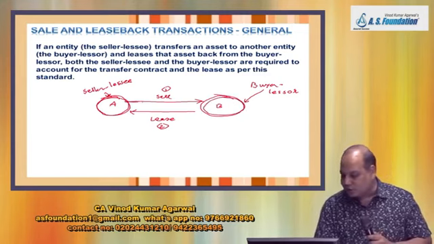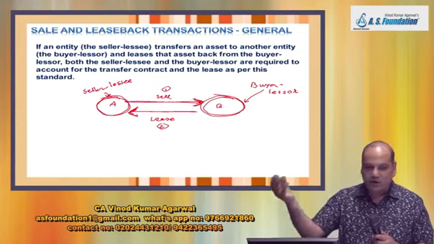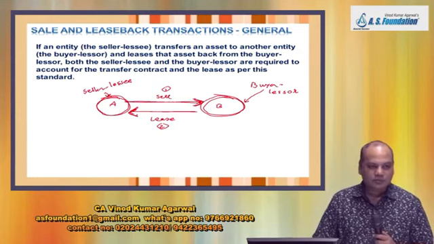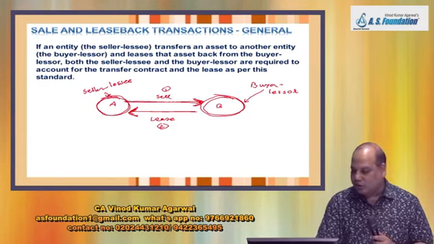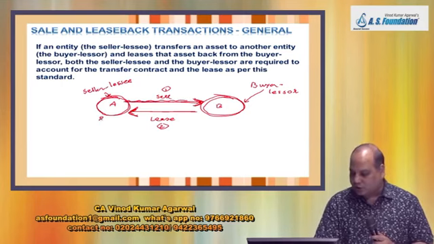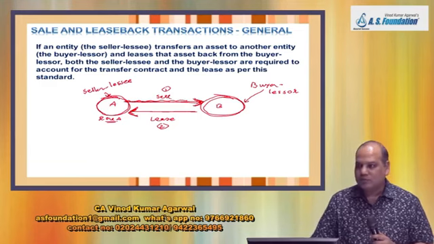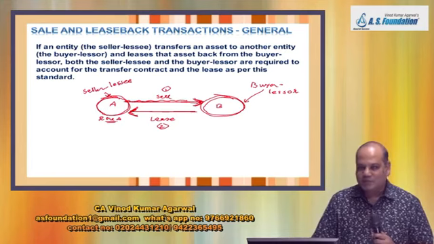Okay. So A is selling the asset, but at the same time A is taking the asset on lease. So you can say we will have to de-recognize the asset and we'll have to recognize right of use asset. We will assume that short-term exemption is not availed. Is it right?